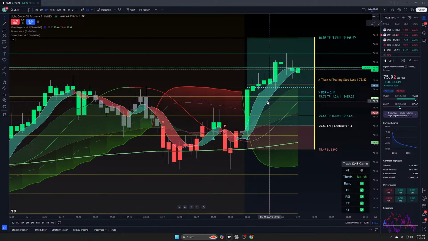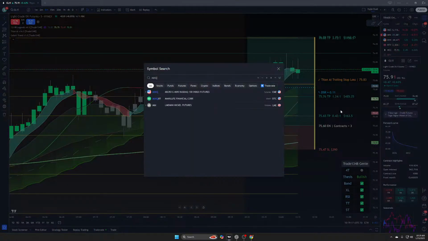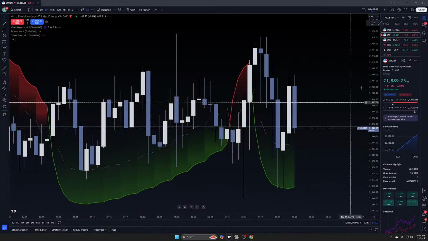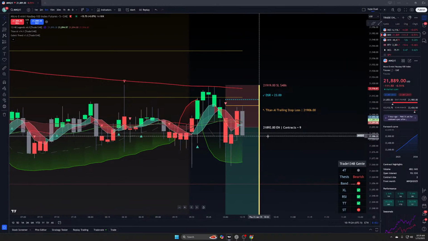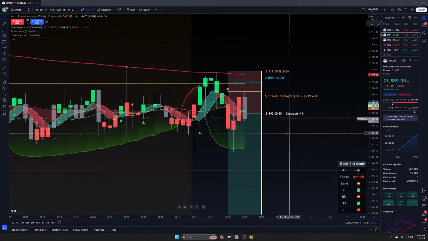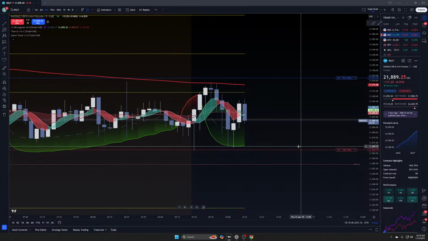Does it matter that NQ gave trends and MNQ gave trends is different? MNQ broke Gabe's trends, but NQ bounced off of Gabe's trends. So let's look at MNQ. This is MNQ here, and let's see, NQ. Am I missing something?